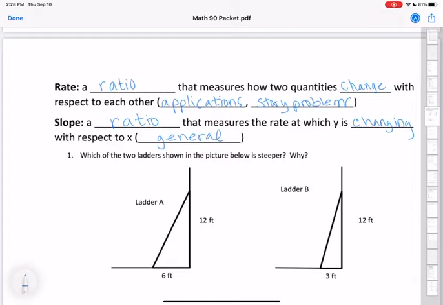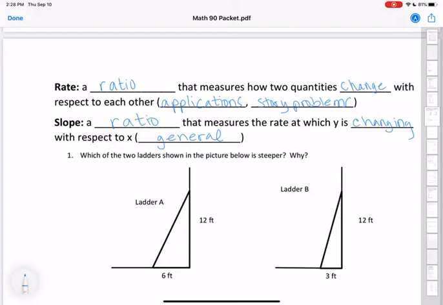But if I'm talking about a rate, I might ask you how fast was the car going, and that would be a ratio of something like 50 miles per hour. So they're the same thing. The rate and slope are both the ratio that measure the change with respect to two different things.